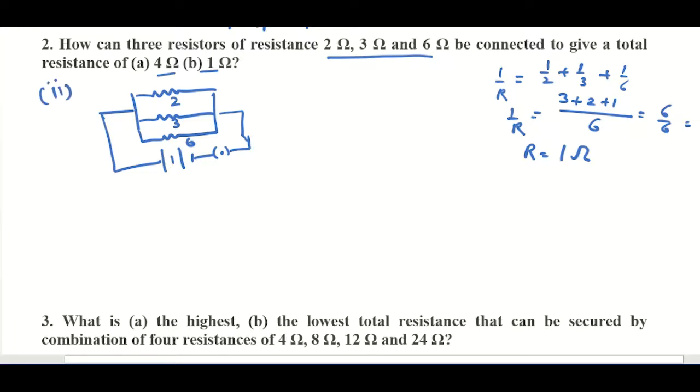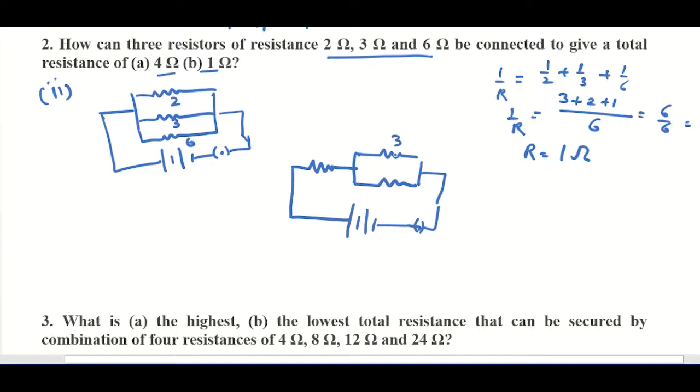Now we need to connect them in such a way that the equivalent resistance is 4 ohm. So let's connect it. Take 2 as series and 3 and 6 as parallel. First of all let us find the equivalent resistance of the parallel combination, which is equal to 1 upon 3 plus 1 upon 6.